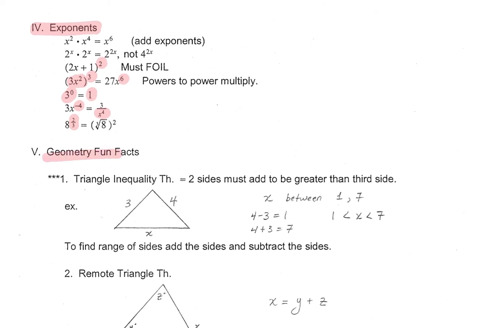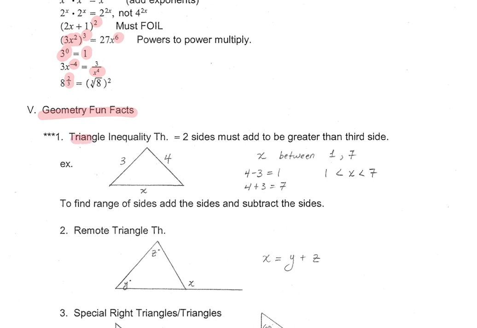Some more geometry. The triangle inequality theorem says any two sides has to be greater than the third, which means any two sides, if I add these, that has to be greater than x.